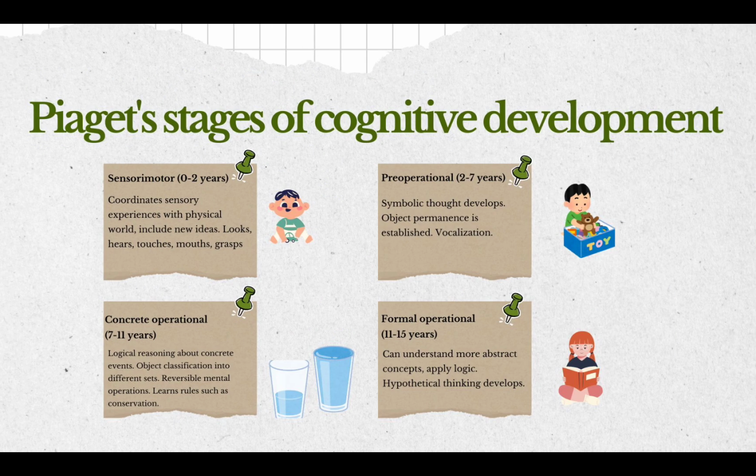All right, let's dive into Piaget's stages of cognitive development, the four-step journey that your brain takes as you grow up. First up, we have the sensorimotor stage, from birth to 2 years. At this point, it is all about exploring the world through senses and actions. So, babies learn by touching, grabbing, and putting things in their mouths.